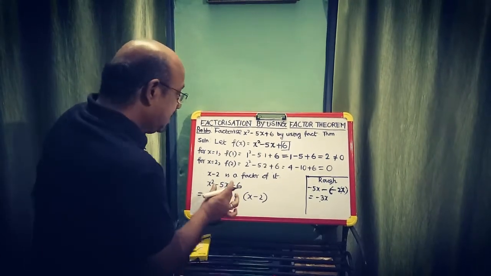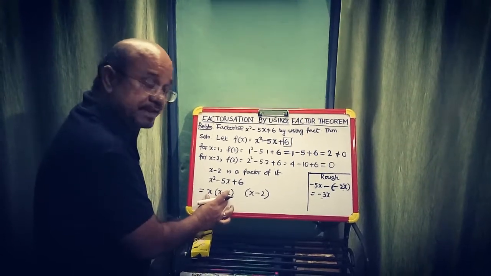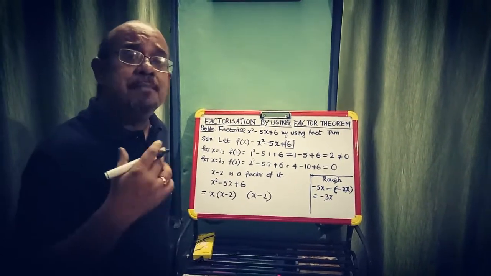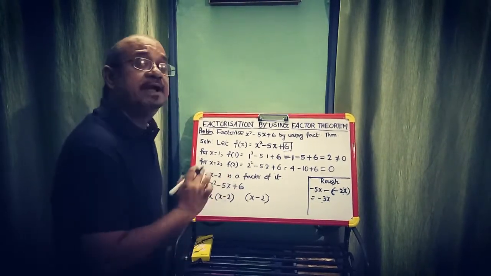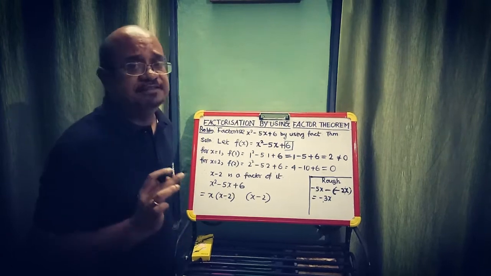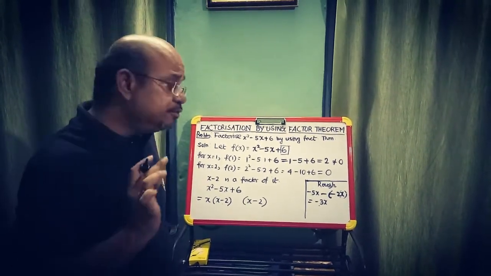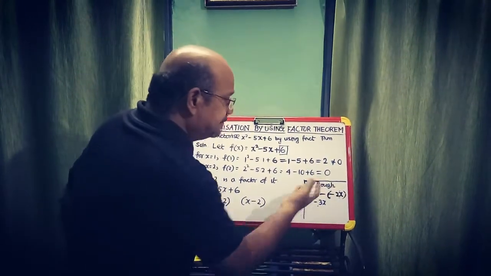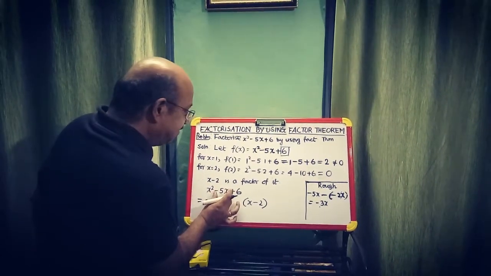Okay. I've got minus 2x here and I need minus 5x. So the question is, how much more should I add with minus 2x in order to get minus 5x? Answer is minus 3x. Those who do not understand how it is minus 3x, here is a way of doing it. What you need is minus 5x.